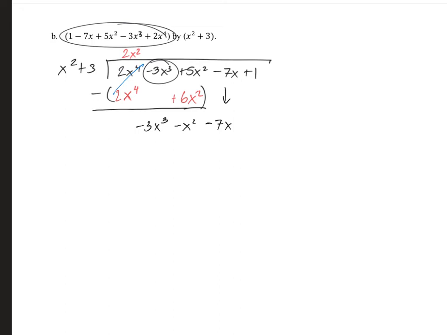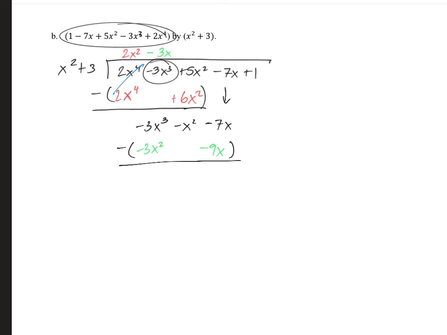How many times can x squared go into negative 3x cubed? Well, let's see. This time we have to match the negative. So negative 3x. So negative 3x times my binomial will give me the negative 3x cubed minus 9x.